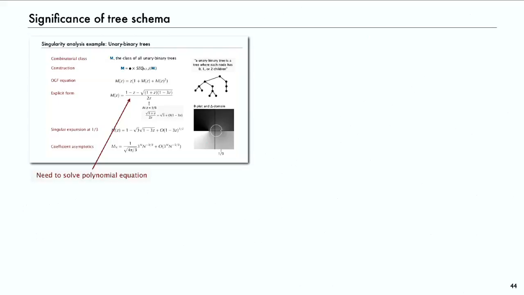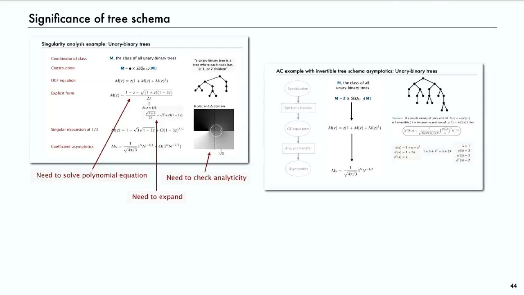If it goes out to 4th and 5th degree, it might be hard to solve. We needed to expand the function around the singularity. That might involve some calculation, might need a computer. We need to check analyticity and so forth. We still kind of have to do that, but many people skip that step at least the first time through.